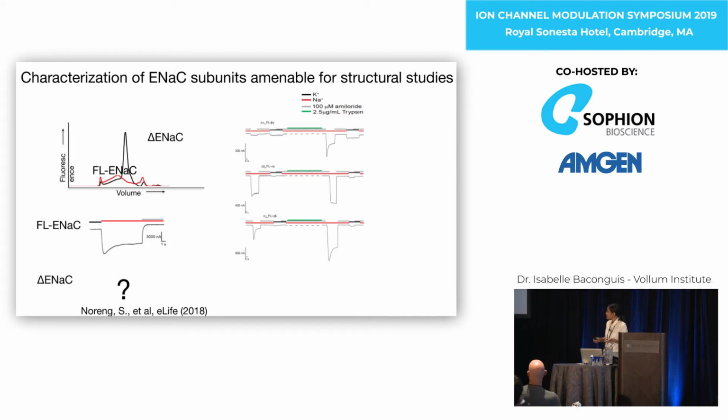What we could see is that compared to what we would refer to as more wild-type-like, so these are GFP fusions, this would be what we would get if you don't do anything. And this is the pretty functional, classic ENaC activity.